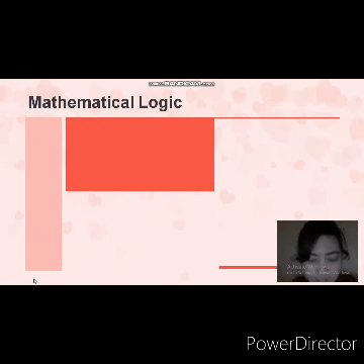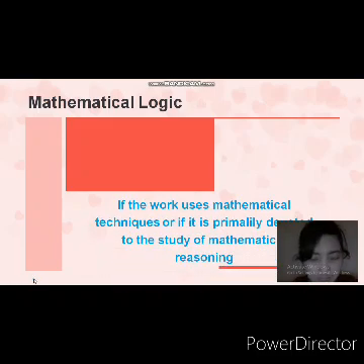The systematic formalization and cataloging of valid methods of reasoning are a main task of logicians. If the work uses mathematical techniques, or if it is primarily devoted to the study of mathematical reasoning, then it may be called mathematical logic.